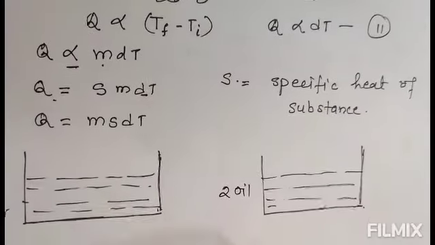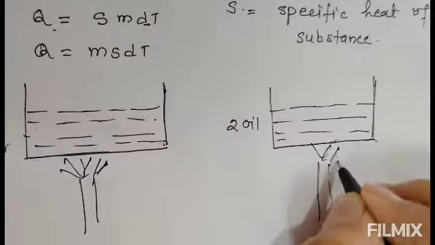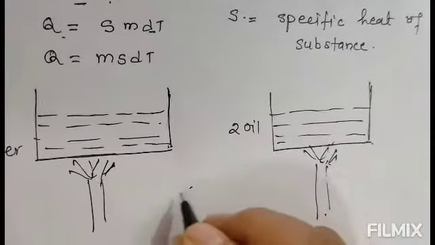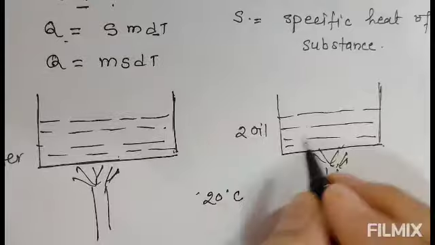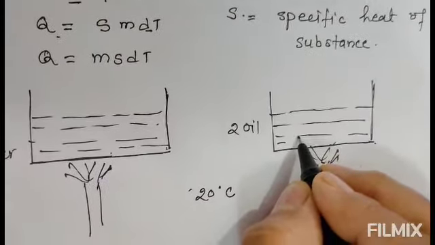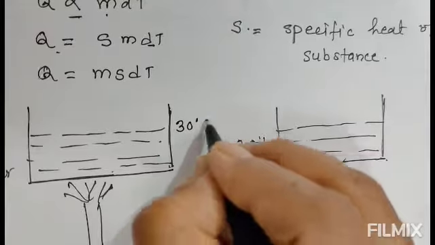Now we will supply the heat to both the containers. The room temperature is again 20 degrees Celsius, and we have to raise the temperature of the water and the oil up to 30 degrees Celsius.